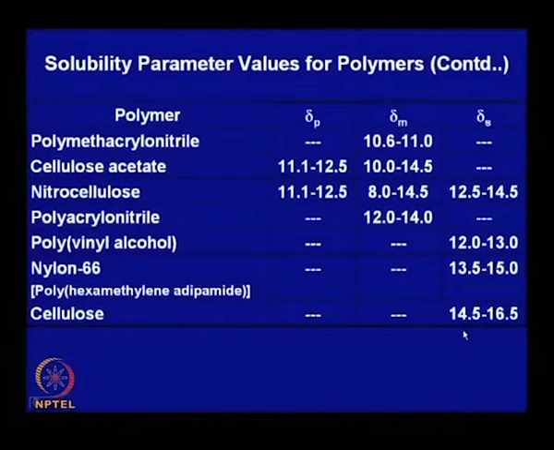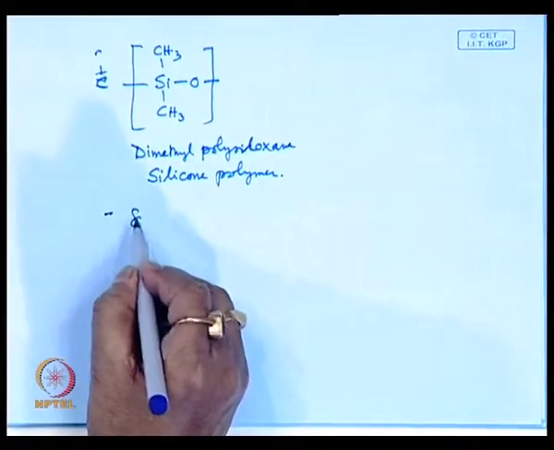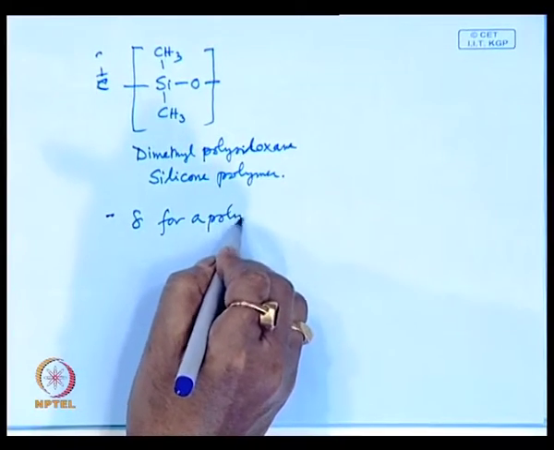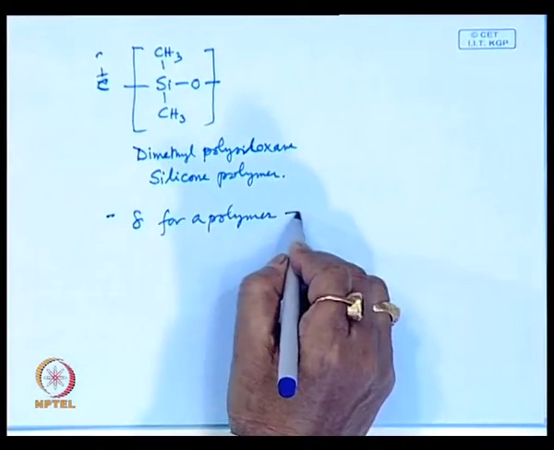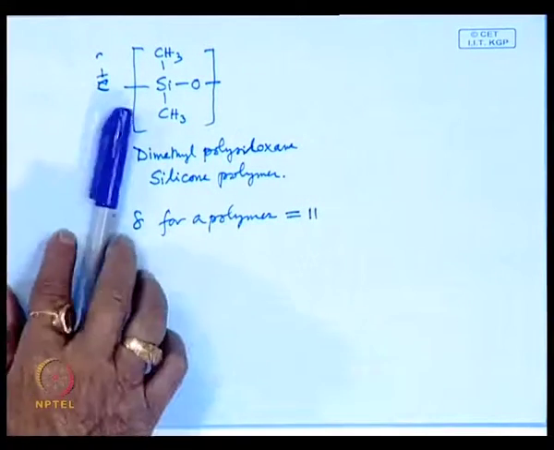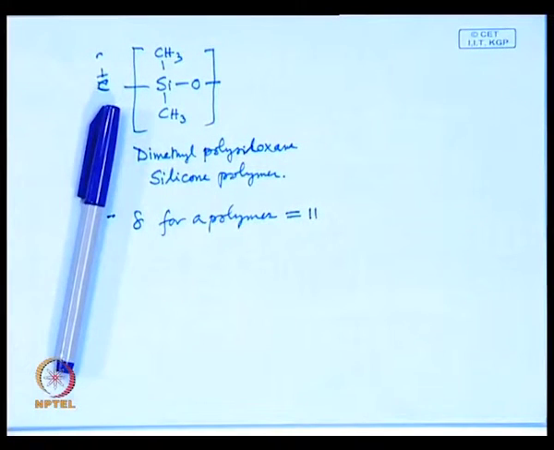So, you see here from these data, if you know the solubility parameter delta for a polymer, say suppose it is 11, then you look at the solubility parameter of a solvent, go to the solvent chart.